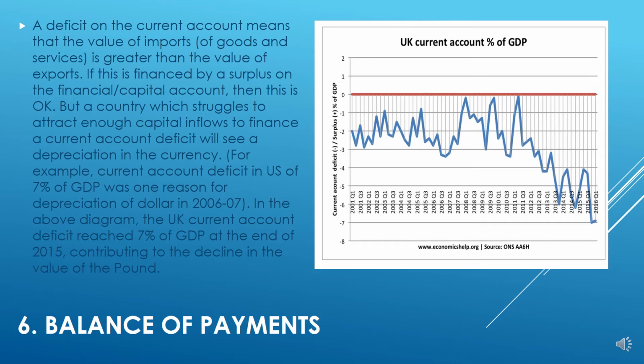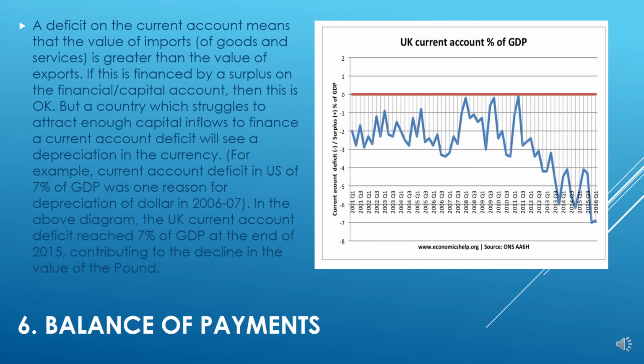But a country which struggles to attract enough capital inflows to finance a current account deficit will see a depreciation in the currency. For example, the current account deficit in the United States was 7% of GDP, and that was one of the reasons for the depreciation of the dollar in 2006 and 7.